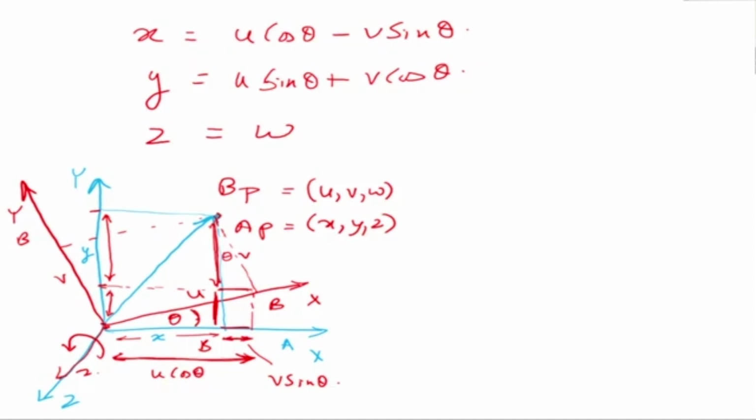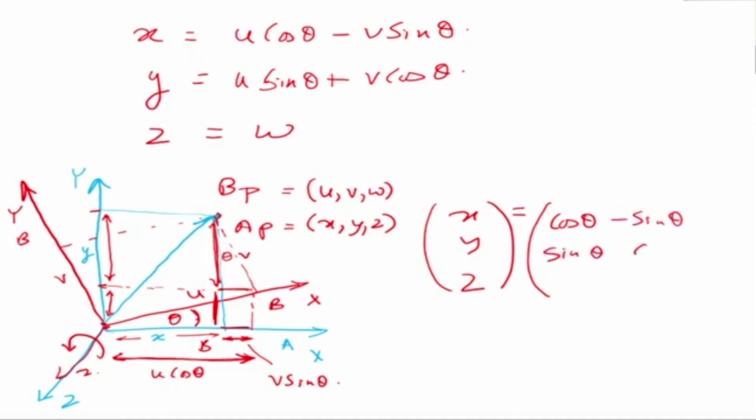So if I write it in matrix form: x, y, z equals the matrix with rows cos theta, minus sin theta, 0; sin theta, cos theta, 0; 0, 0, 1, multiplied by u, v, w.